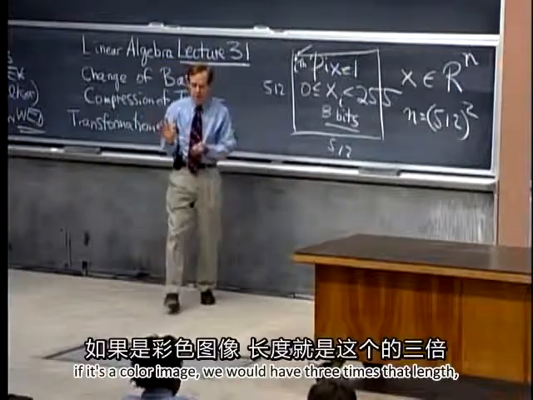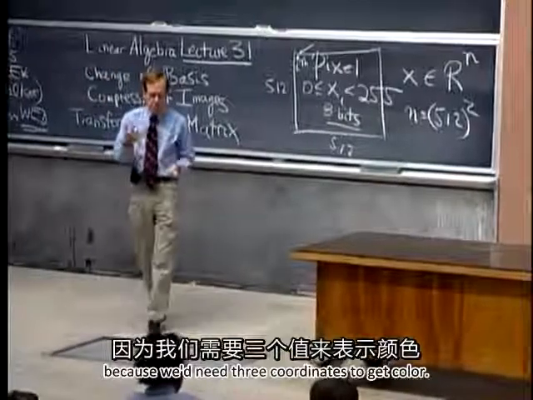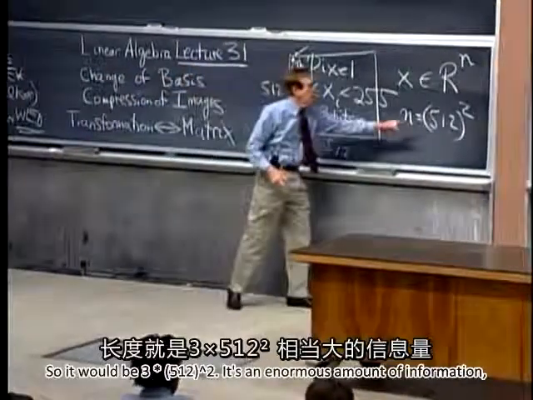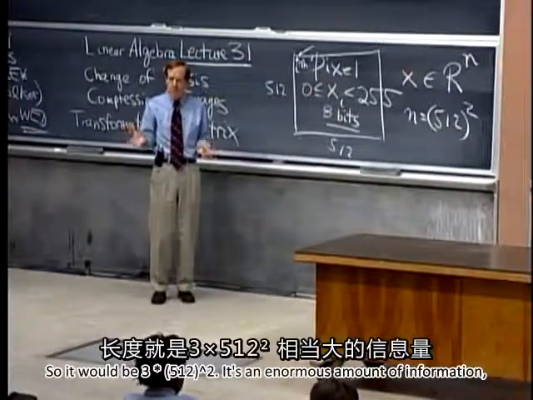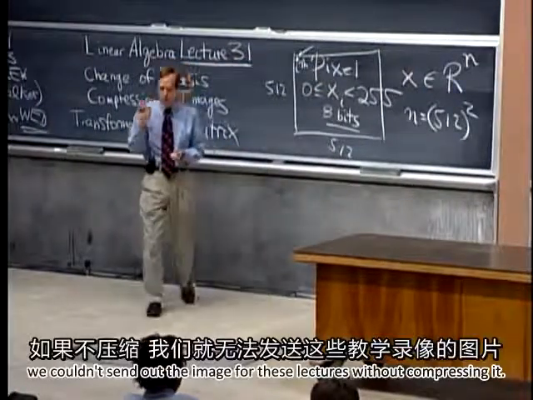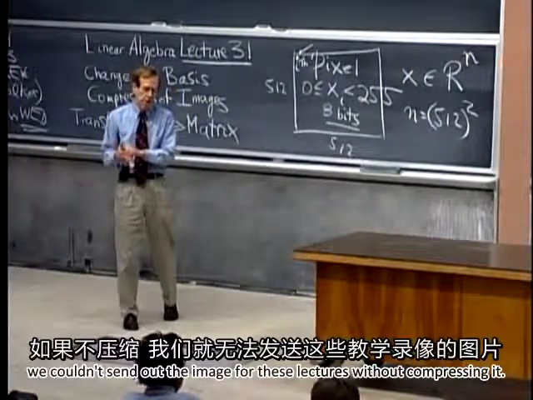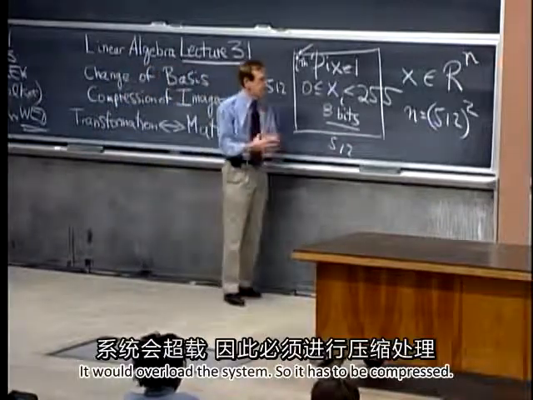If it's a color image, we would have 3 times that length, because we'd need 3 coordinates to get color. So it would be 3 times 512 squared. It's an enormous amount of information, and we couldn't send out the image for these lectures without compressing it. It would overload the system.